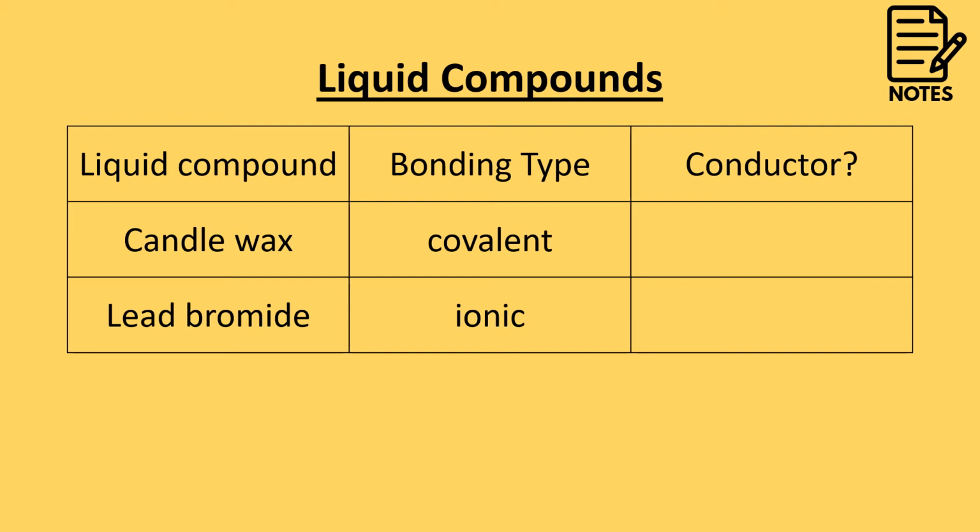We use candle wax, which is covalent and obviously nice and easy to melt. You'll be familiar with candle wax melting. And we use an ionic compound called lead bromide that again can be melted just using a Bunsen burner. A lot of the chemicals that are ionic have melting points that are much higher than even the temperature a Bunsen burner can get to, but lead bromide is a bit lower.